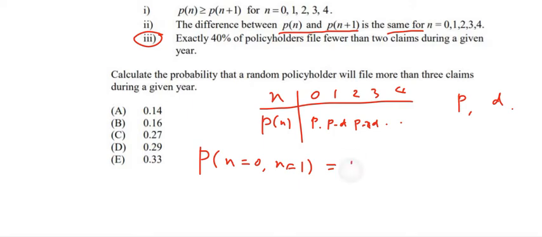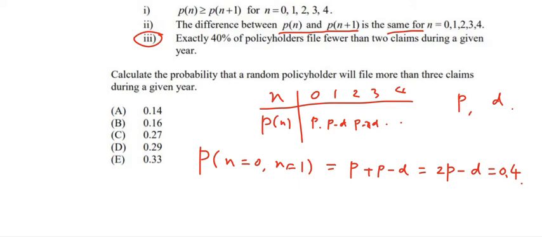So this probability is just p plus p minus d. So 2p minus d is 0.4. Okay, so this is one condition.